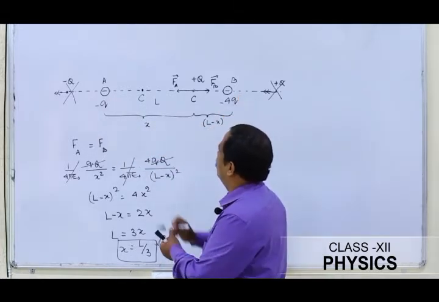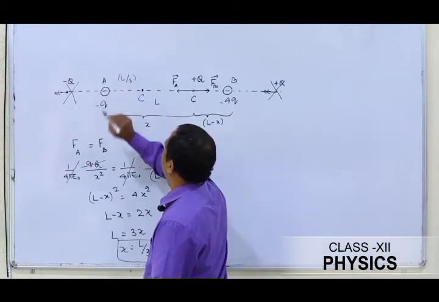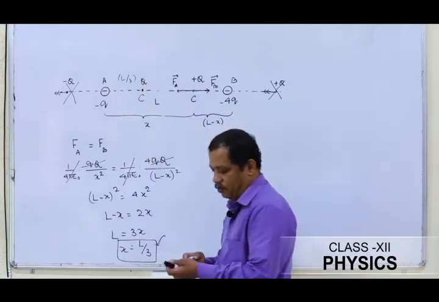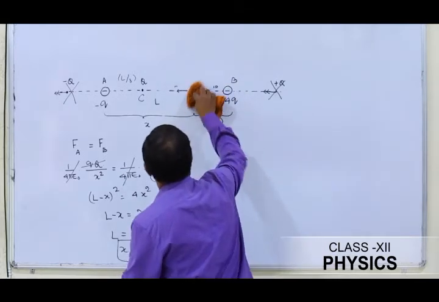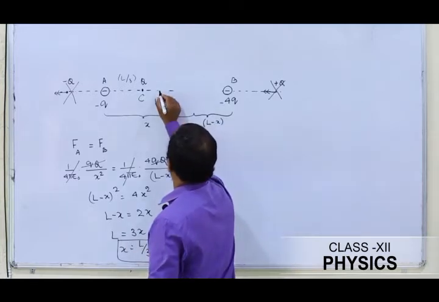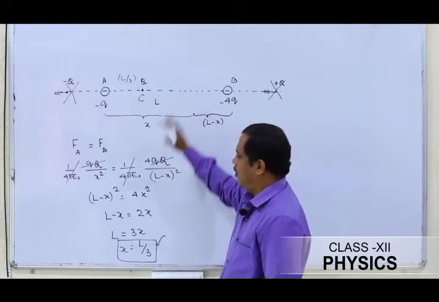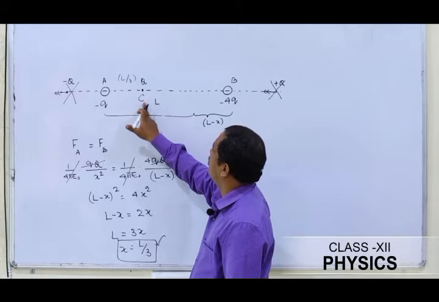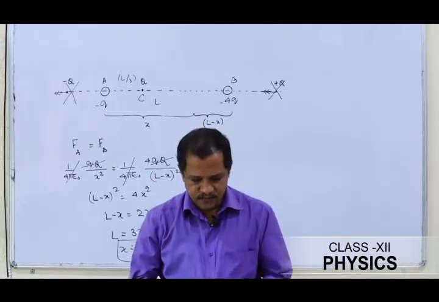So this point is at a distance of L by 3, and if I place this charge here, it will be at equilibrium, and therefore the point that I assumed at C is not correct. In order to show you that the point that I assumed closer to 4q is incorrect, I solved it and showed that point C is at a distance of L by 3 from the charge of smaller magnitude.